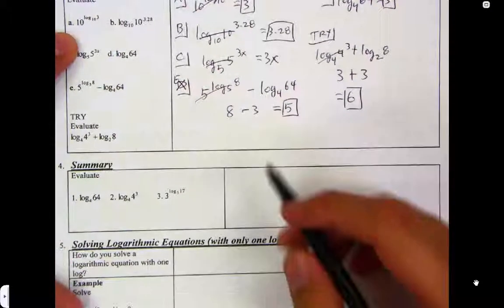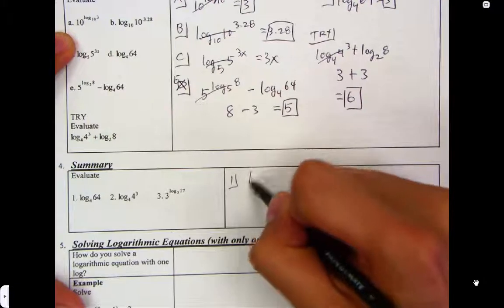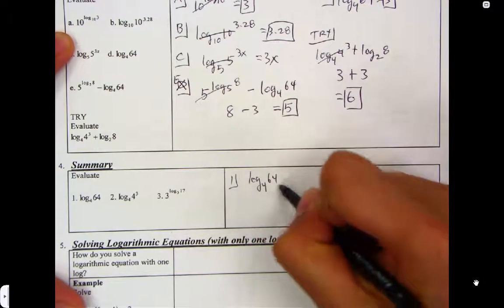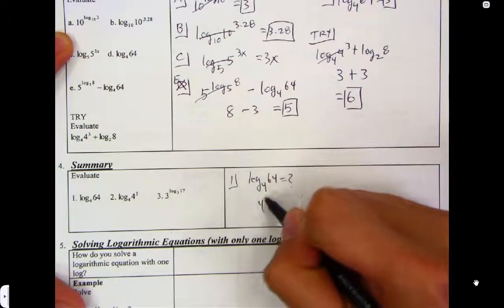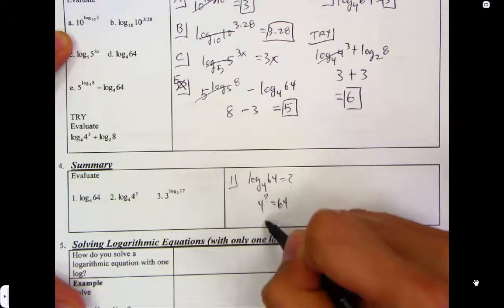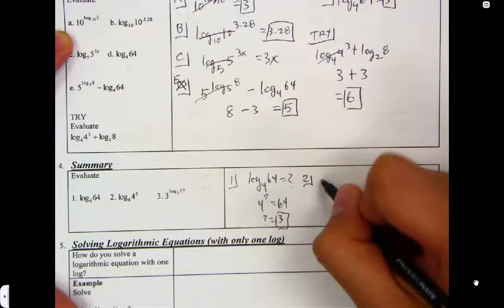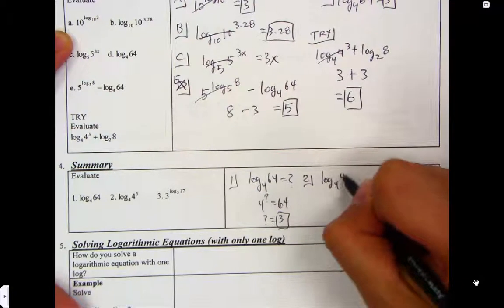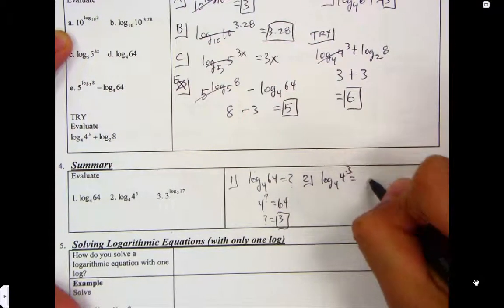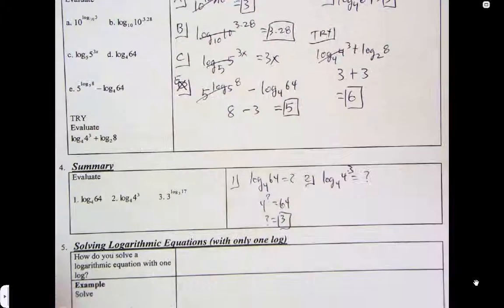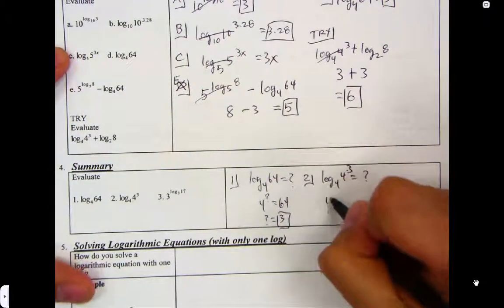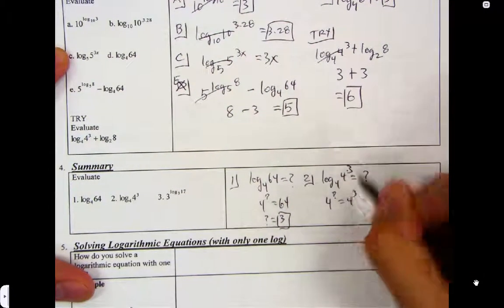Summary. Number 1, log base 4 of 64. This just means 4 to the what gives you 64, and that's 3. 2, log base 4 of 4 to the third. I just want to get rid of the log, so I'm going to rewrite it as an exponential. 4 to the what gives you 4 cubed.